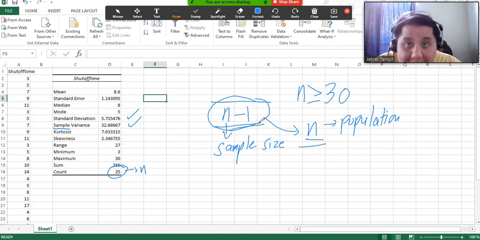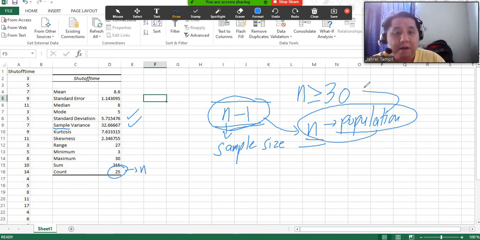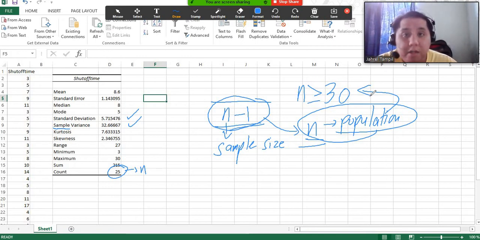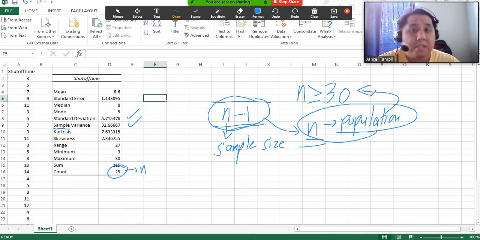However, that sample variance can be considered as population variance if our n is bigger than 30. But in our running example, since it's not, what we have is really the sample variance. And getting the square root of that sample variance will give us the standard deviation of our dataset.